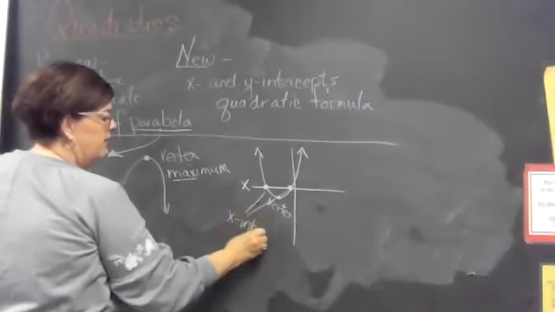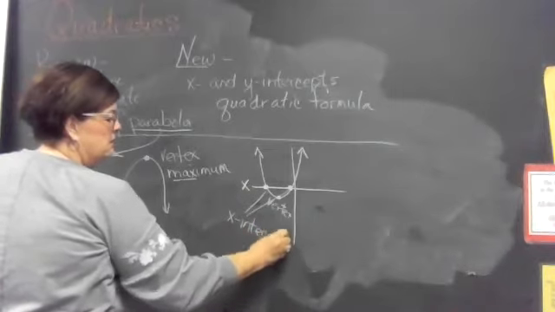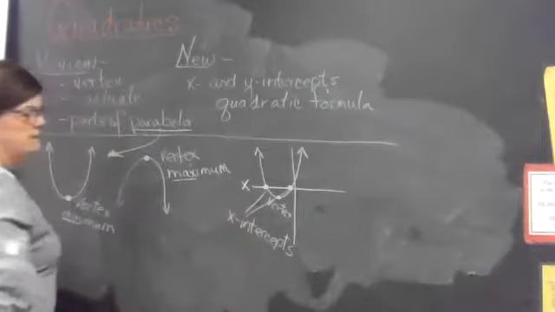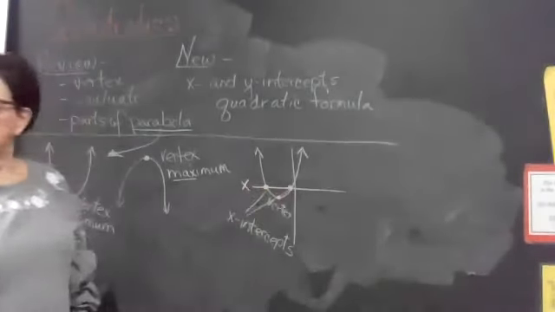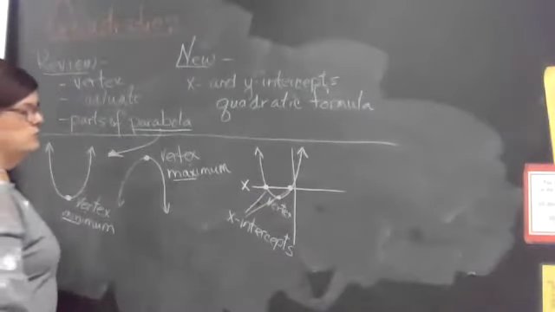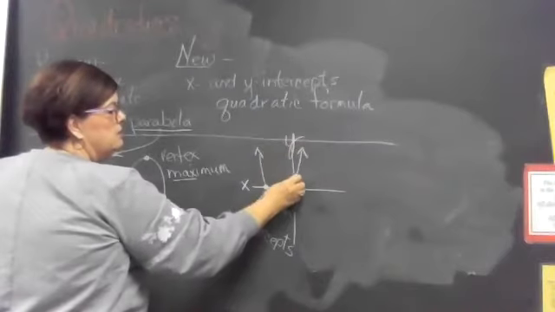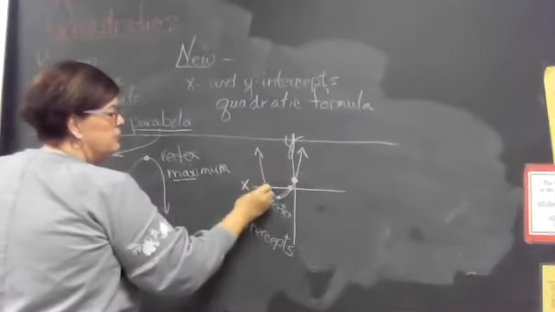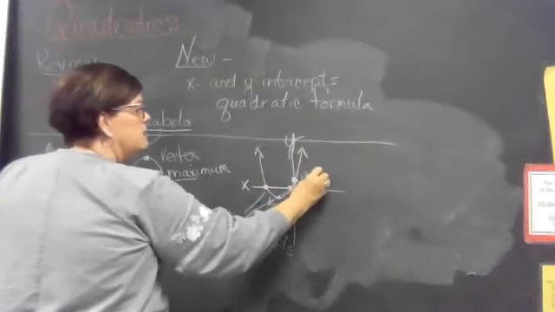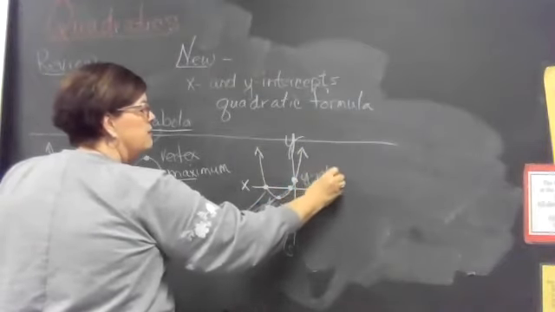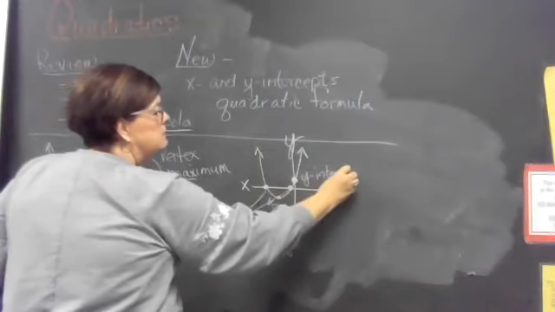It's right on the axis. These are x-intercepts, the points that are on the x-axis. And the same is true on the y-axis. We have a point on the y-axis where the picture cuts across, and it's called a y-intercept. And today we're going to find out how to find the value of those out of an equation.